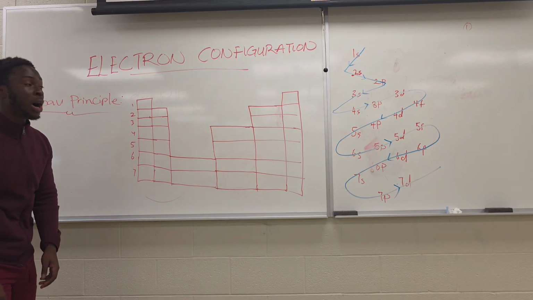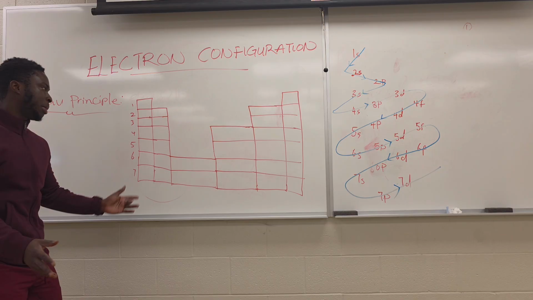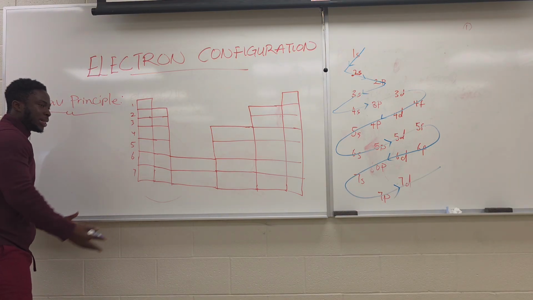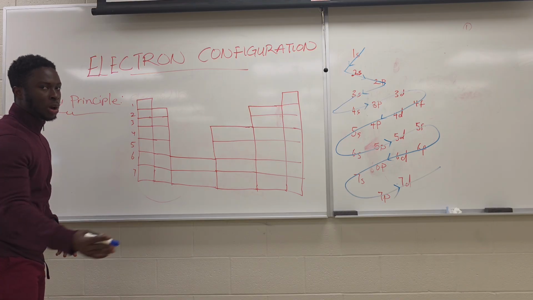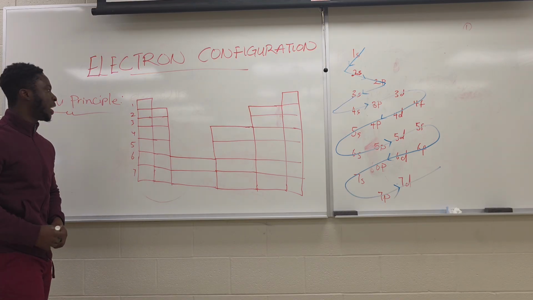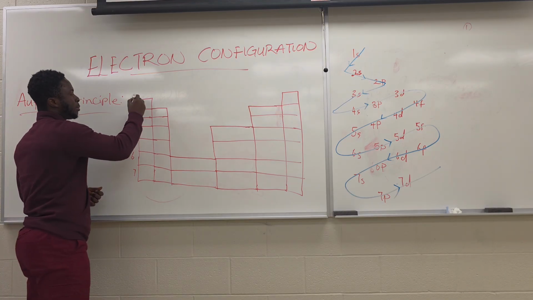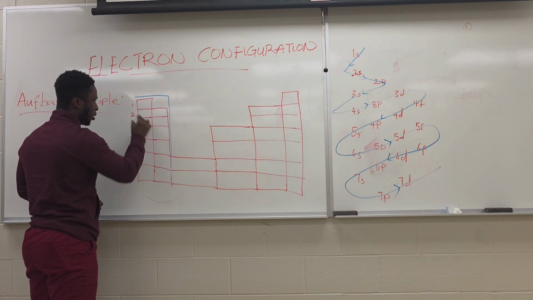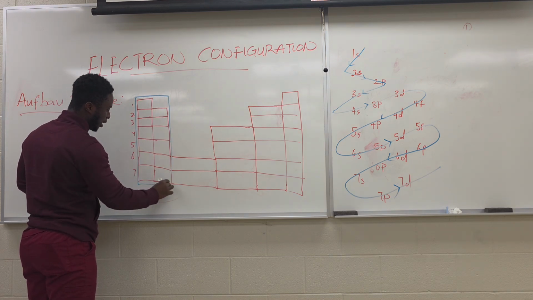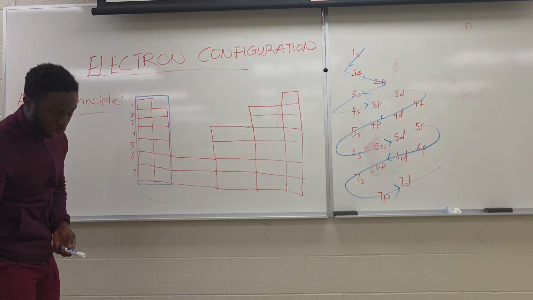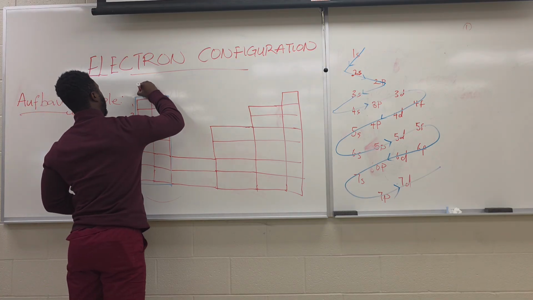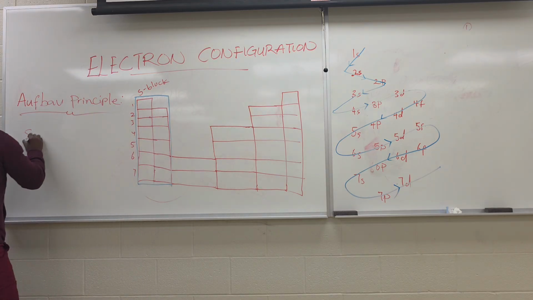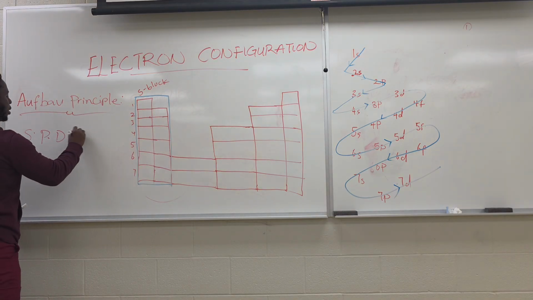Across the period and the group. Our next chapter, by the way, is periodic chemistry, so we're going to go there. When we were doing the quantum numbers, we discussed this. If you go and watch that video, all this block, all this place over here, right? It's called the S block. Let me write S, P, D, F over here.